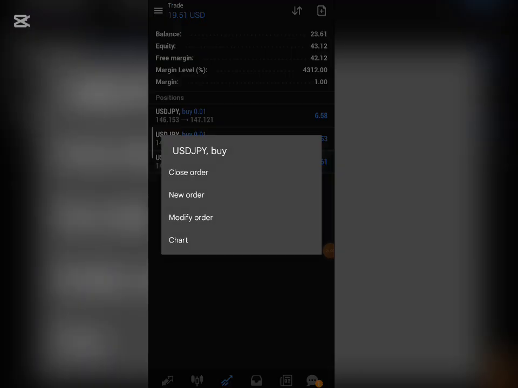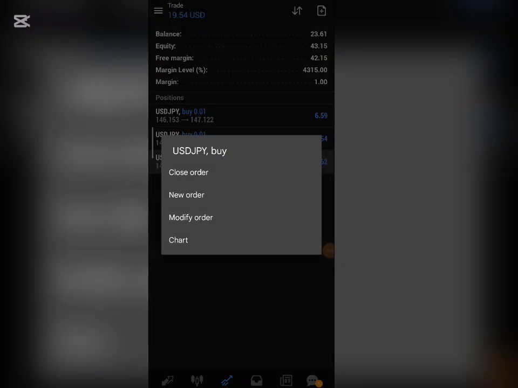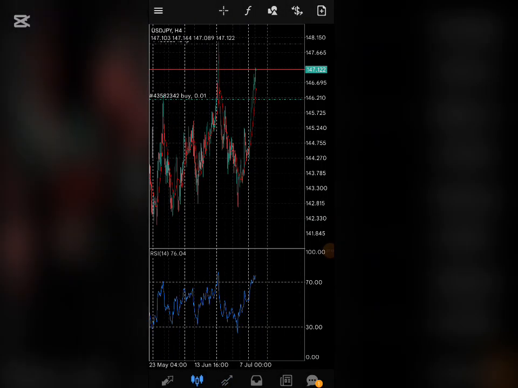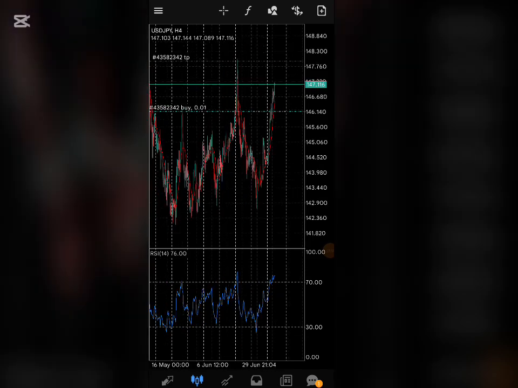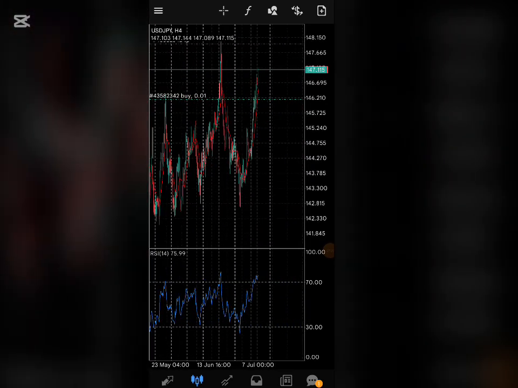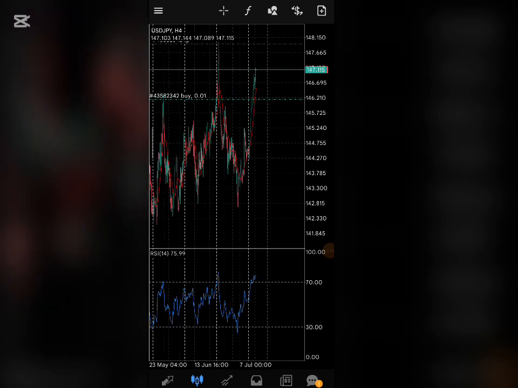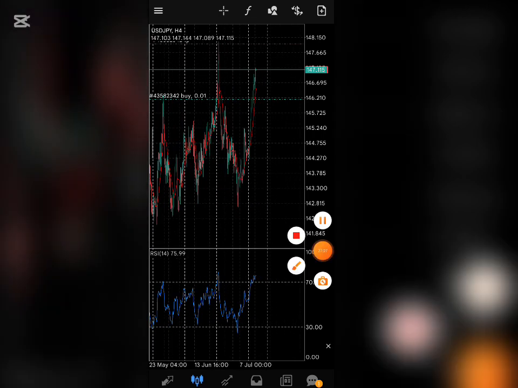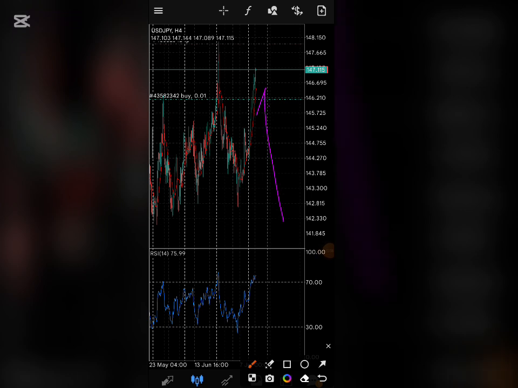Sorry, I meant chart. So this is MT4, by the way. Okay, so that in case the market wants to go down, in case the market wants to be like, you know what, I'm no longer buying, I want to come down, my money will not go away.